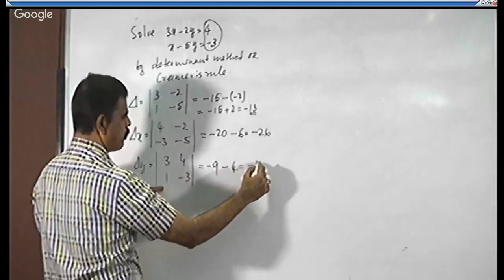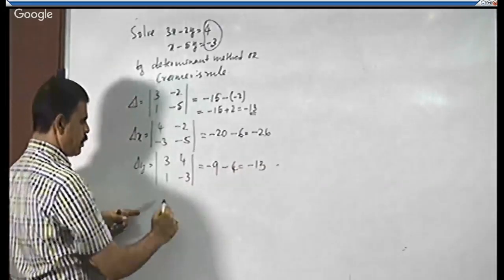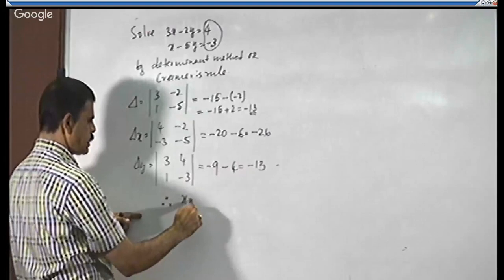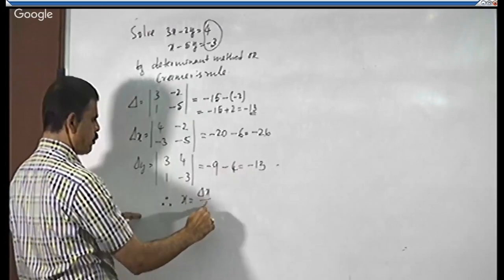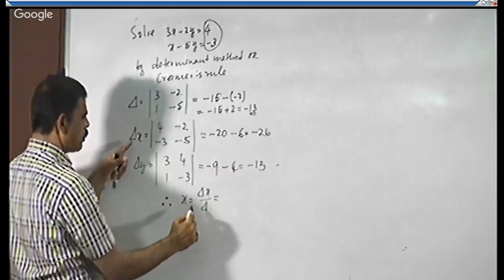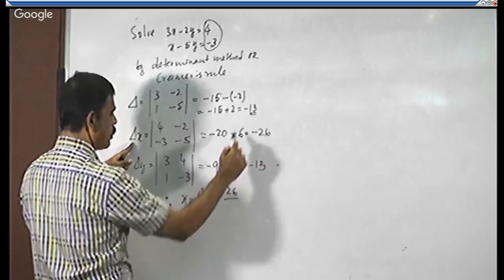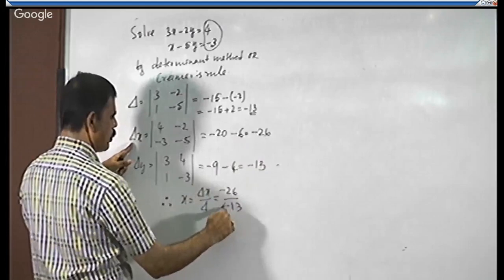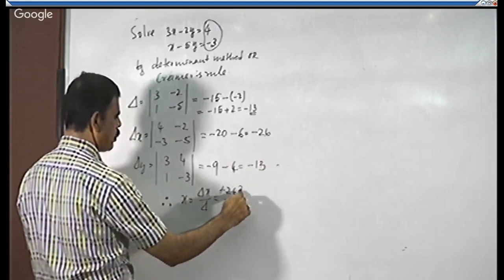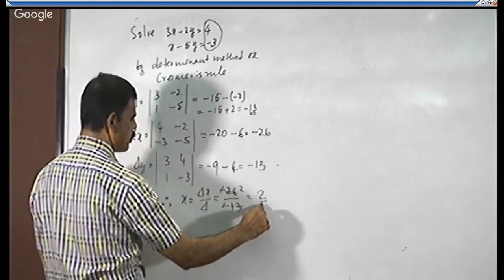Finally, it is minus 13. Therefore, x is equal to delta x divided by delta. Delta x is equal to minus 26 divided by delta is equal to minus 13. Minus minus cancel. 13 ones are 13, 13 twos are 26. The x value is 2.